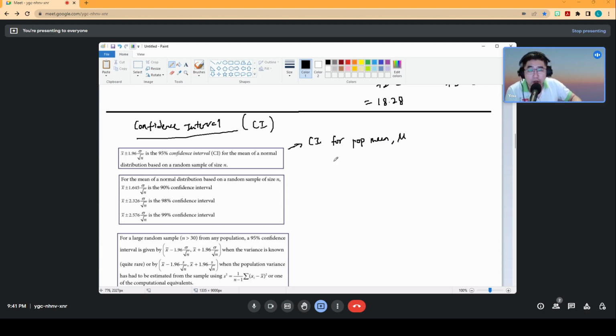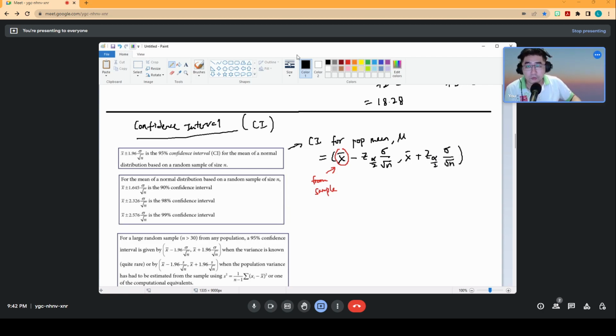So the calculation is by using bar x, which is a value that you get from your sample, minus z of alpha over 2 times sigma over square root n, and bar x plus z alpha over 2 sigma over square root n.